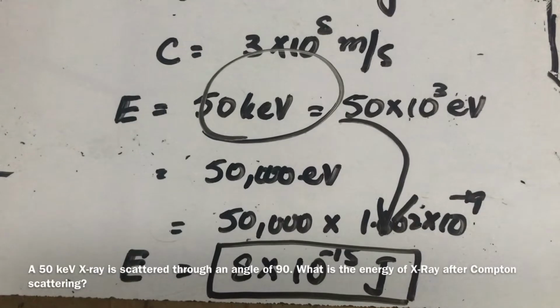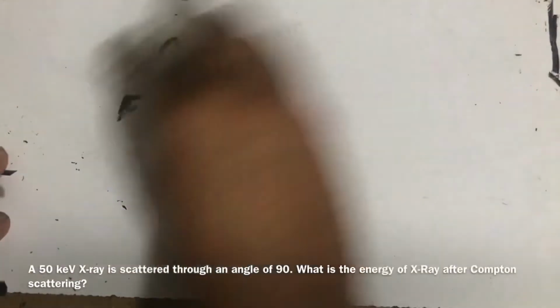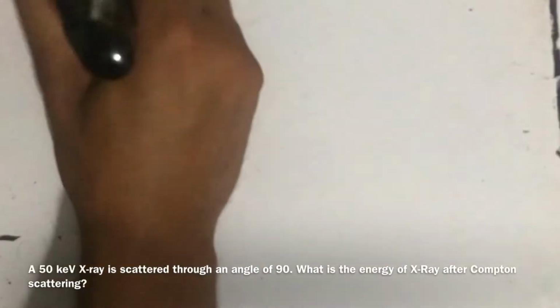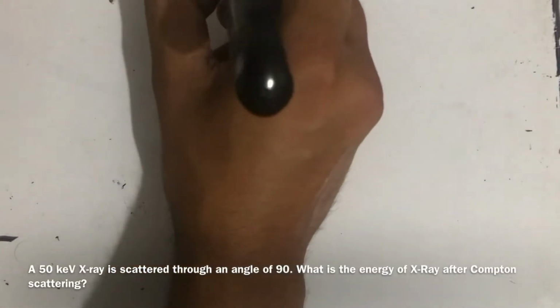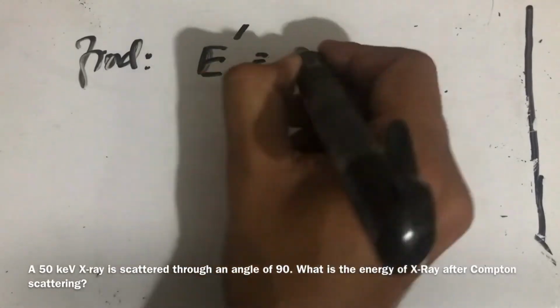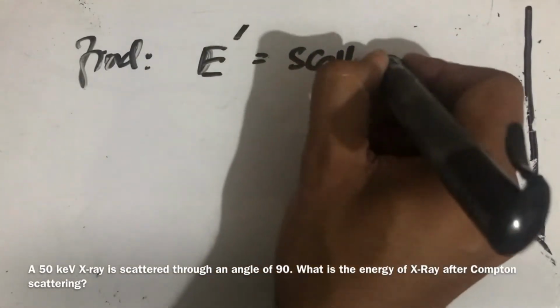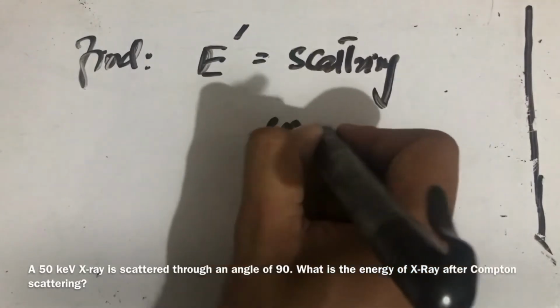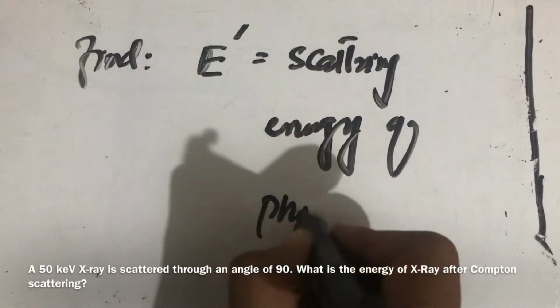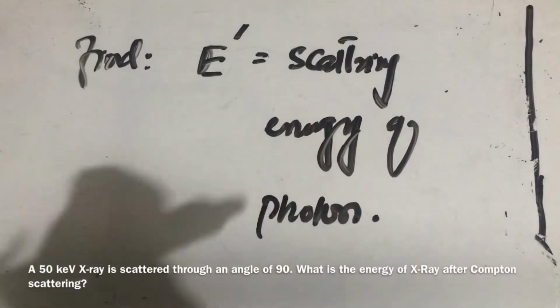Now let's start to find the required value. We have to find the energy of the scattered photon, E prime. E prime will show the energy of the photon after scattering.